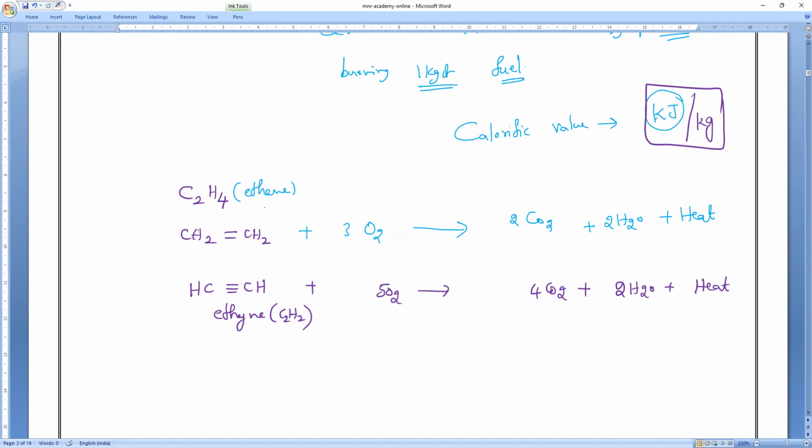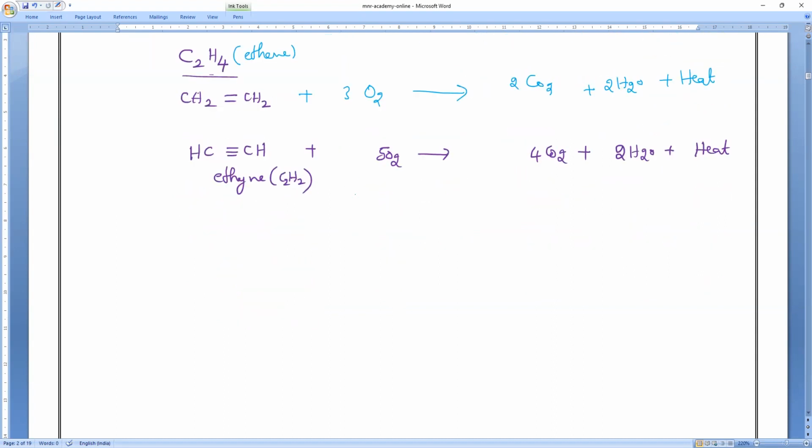So they are smoky fuels, fuels which burn with smoke, and they also burn with a yellow flame. We'll discuss that later, it is secondary. But you remember there is a case. Everyone will think that unsaturated hydrocarbons always burn with a yellow flame.